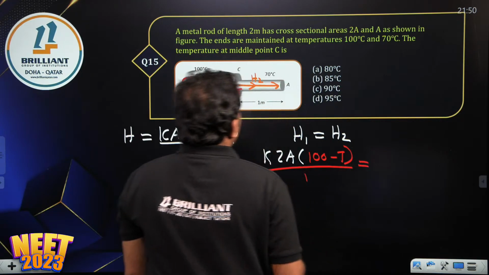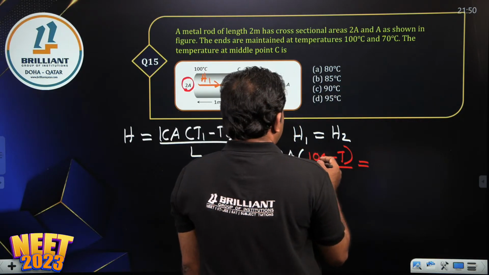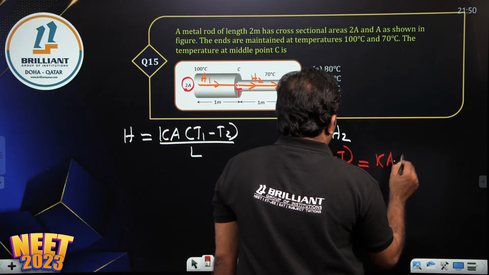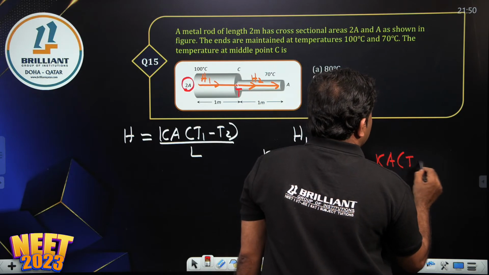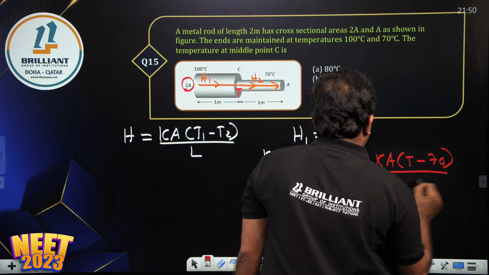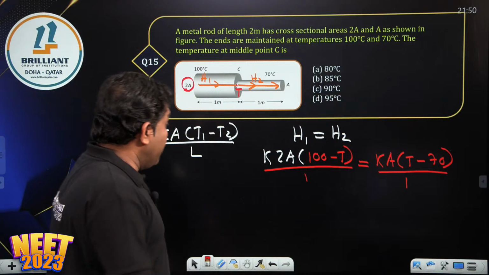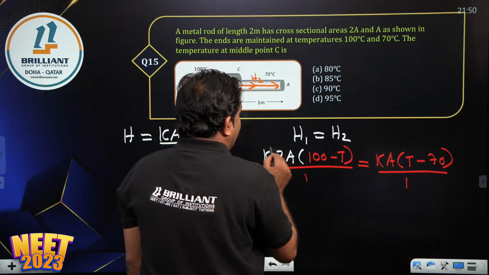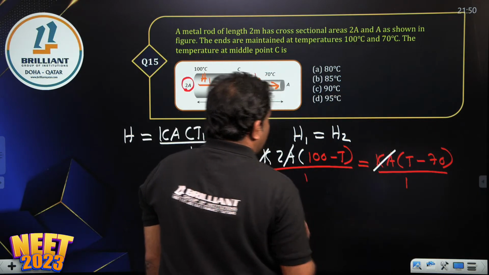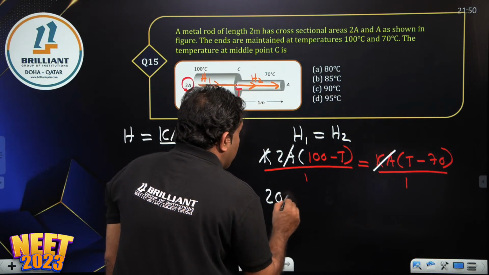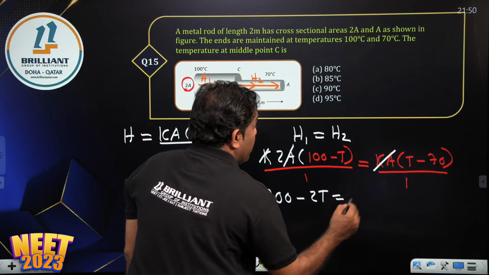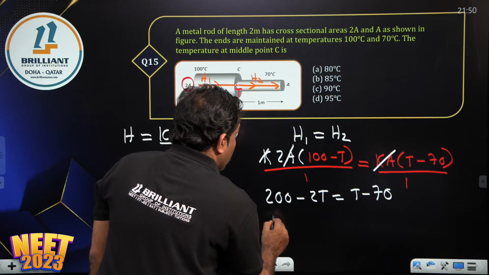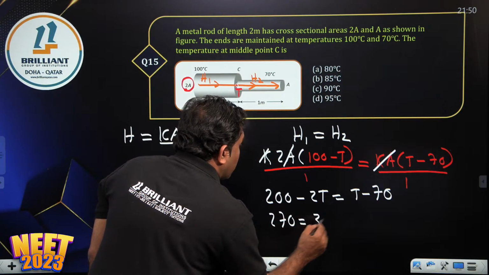Equal to, now the second case, that is H2. K will be the same, area will be A only, and T minus 70 by 1. So we are cancelling the terms: K and A cancel. So we have 200 minus 2T is equal to T minus 70. Take to this side, so 270 equals 3T.